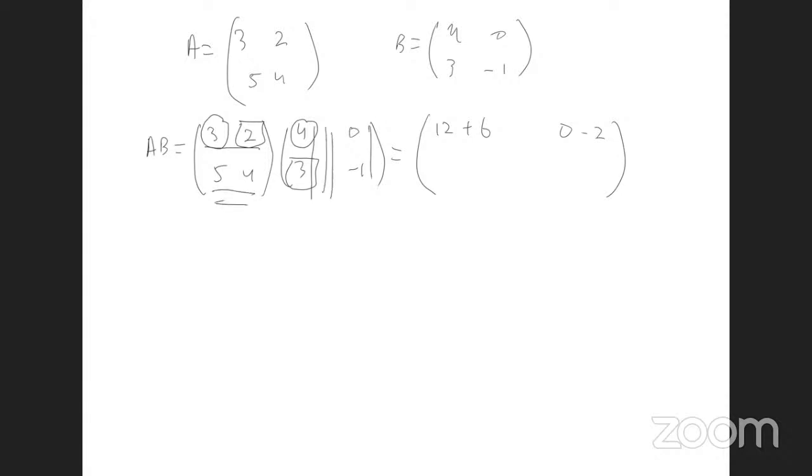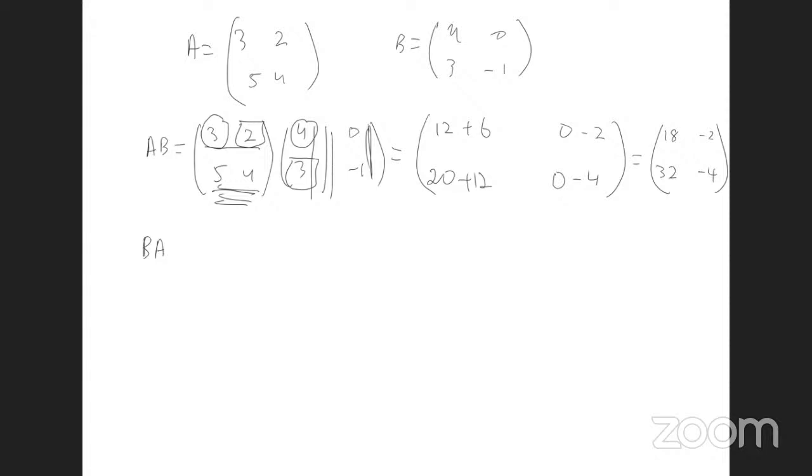So 5 by 4, that's 20. 4 by 3 is 12. Then row by column again. 5 by 0 is 0. 4 by minus 1, minus 4. So the answer here would have been 18 minus 2, 32 minus 4. Right? Then we have to find B by A.